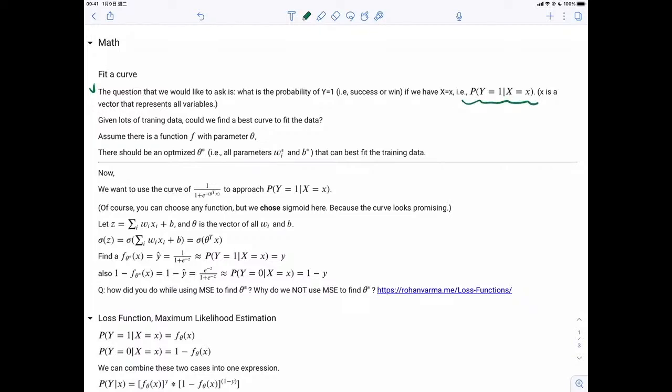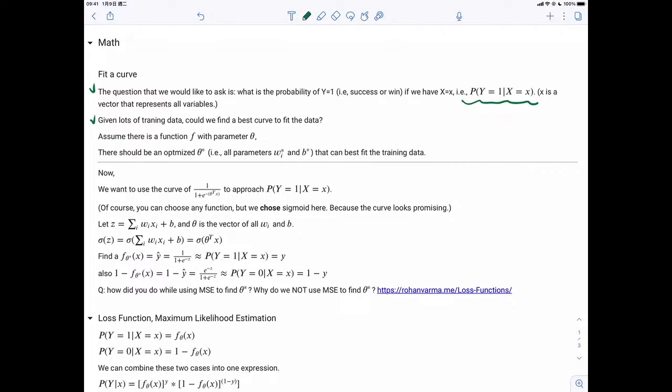The x can be a single variable like score, or multiple variables like score, touchdowns you have done, how many yards you run. There could be a lot of different features. We simply use a big X to represent all the features.